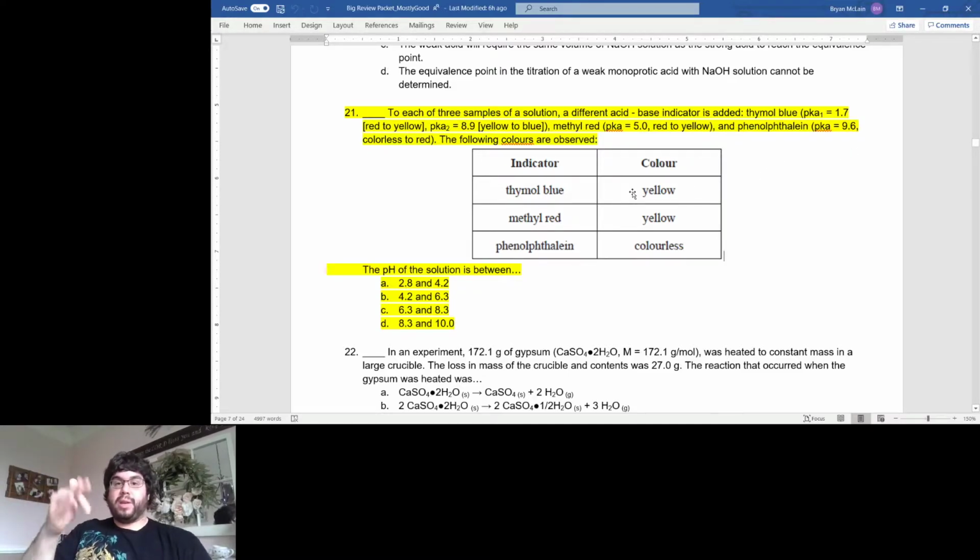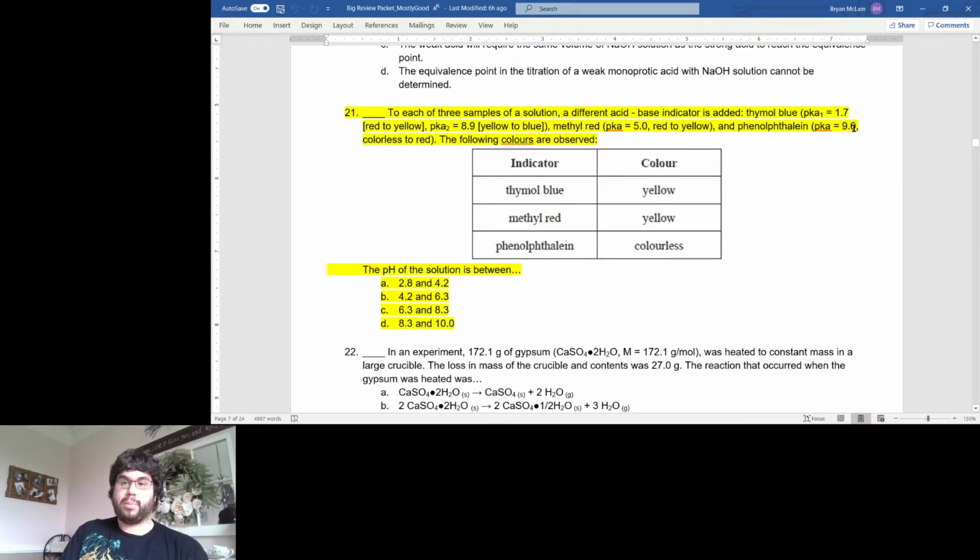So the pH has to be greater than 5, but less than 9.6. And also, it has to be less than 8.9 because the thymol blue did not turn blue. So the answer is going to be C. So since the thymol blue did not turn blue, our pH can't be above 8.9.